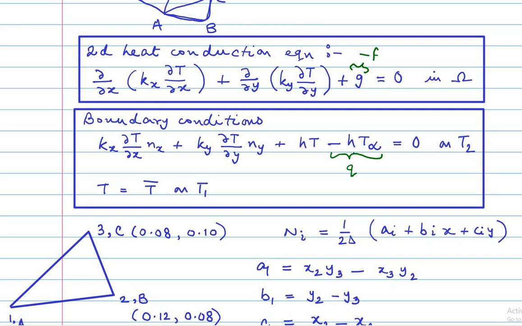If you make these two small changes, then this becomes the standard quasi-harmonic equation.